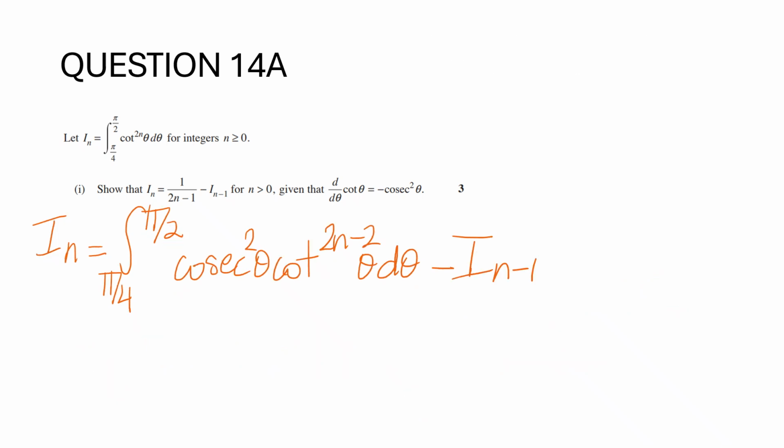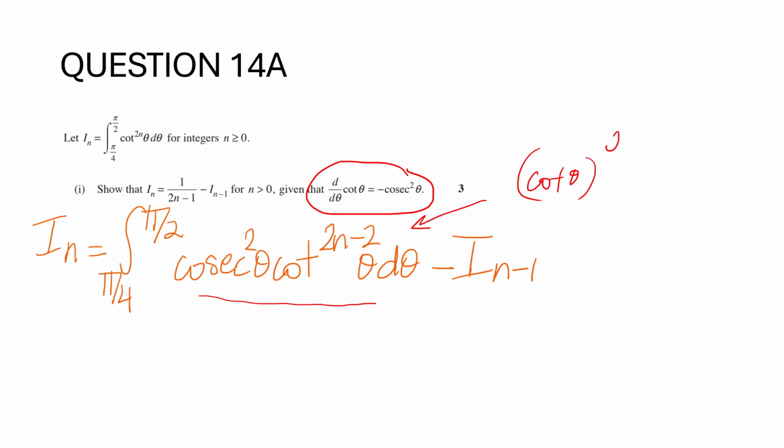And now we're going to use what we were given. We know that the derivative of cot theta is equal to negative cosec squared theta, so we can use a reverse chain rule on this part here, where we've got cot theta to the power of 2n minus 2.